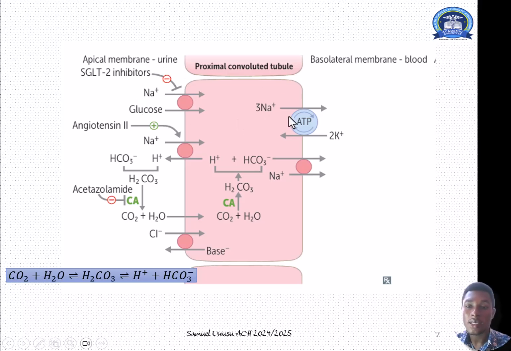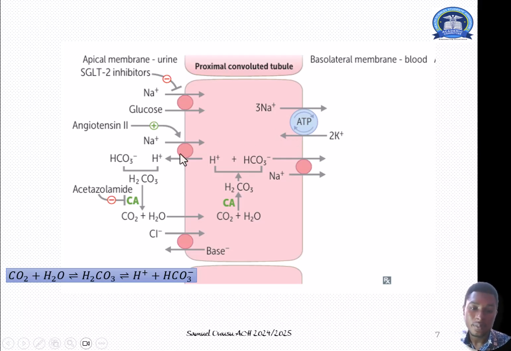The basolateral aspect of the proximal convoluted tubule and all other tubules contain a sodium potassium ATPase, and that is what is going to create the gradient for the transport of these molecules. So for a particular molecule to be absorbed or filtered, we need the action of the sodium potassium ATPase to create the gradient. It pumps 3 sodium ions out and 2 potassium ions inside, depending on the needs of the cell.